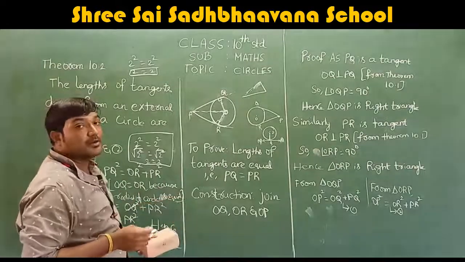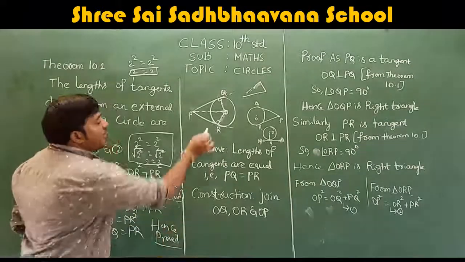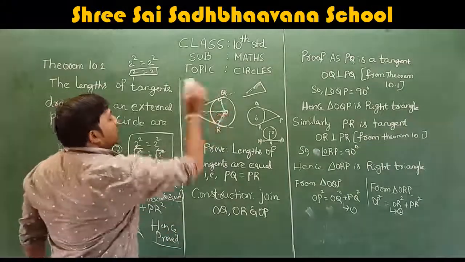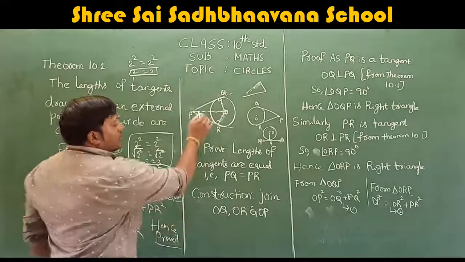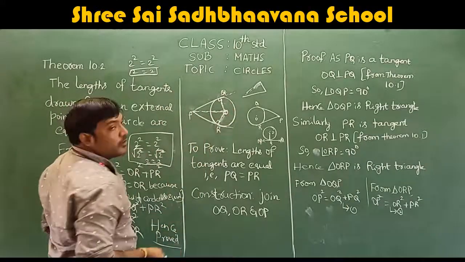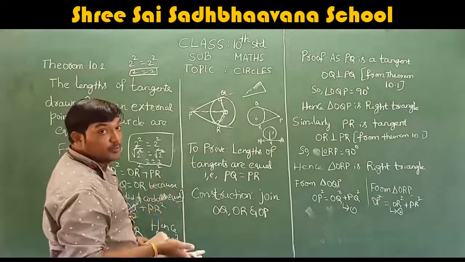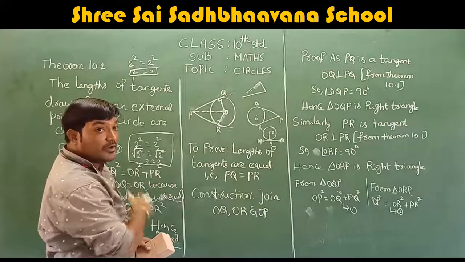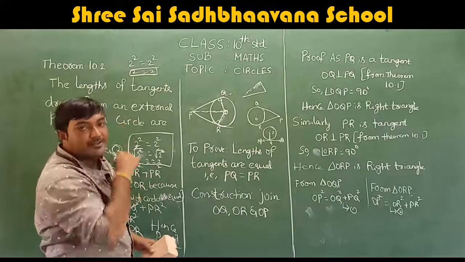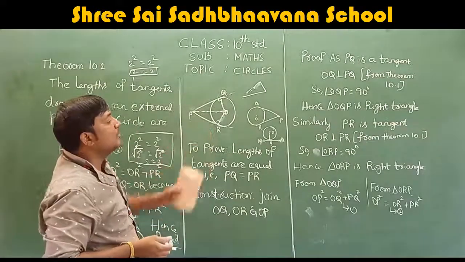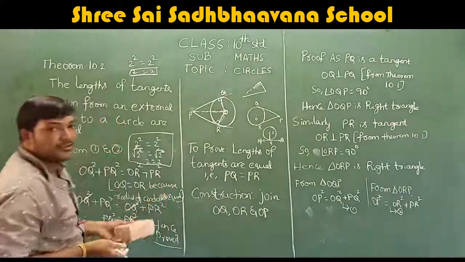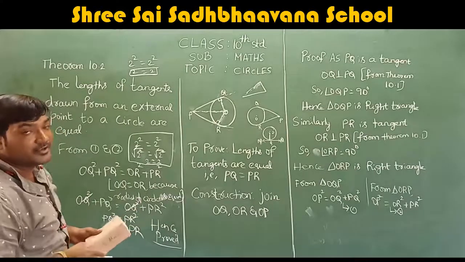And what is the construction part? Construction part is just you join these two, OR and OQ. You can use dotted lines, use pencil and join. This is the construction we are doing. What is already given, they are only telling that they are tangents, but OQ and OR and OP we are joining. Means we are constructing. This comes under construction.